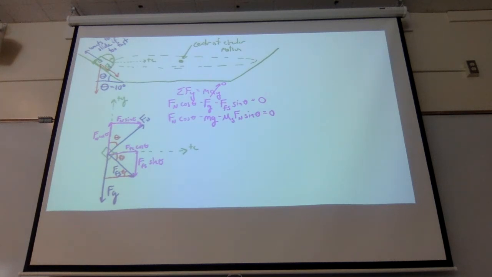So let's get everything with just the normal force on the left-hand side by itself. And we'll move the mg over to the other side, and then factor out the normal force, and then solve for the normal force. Mg over all this stuff.